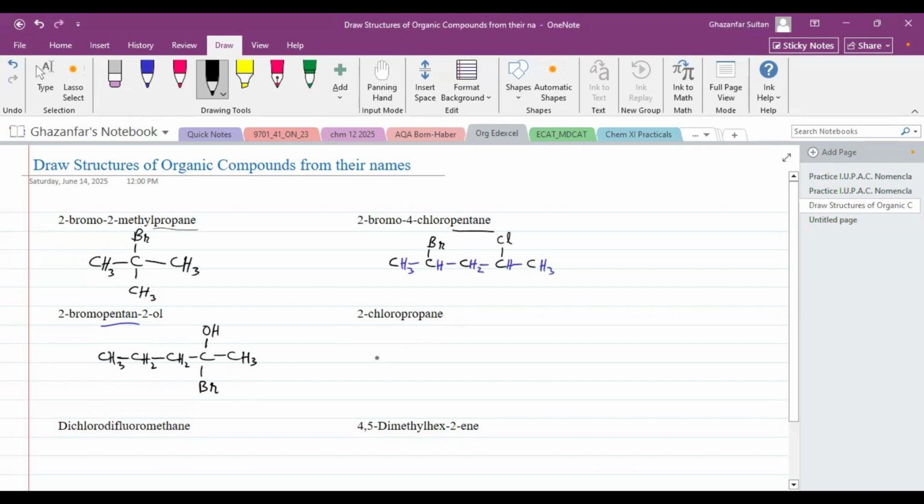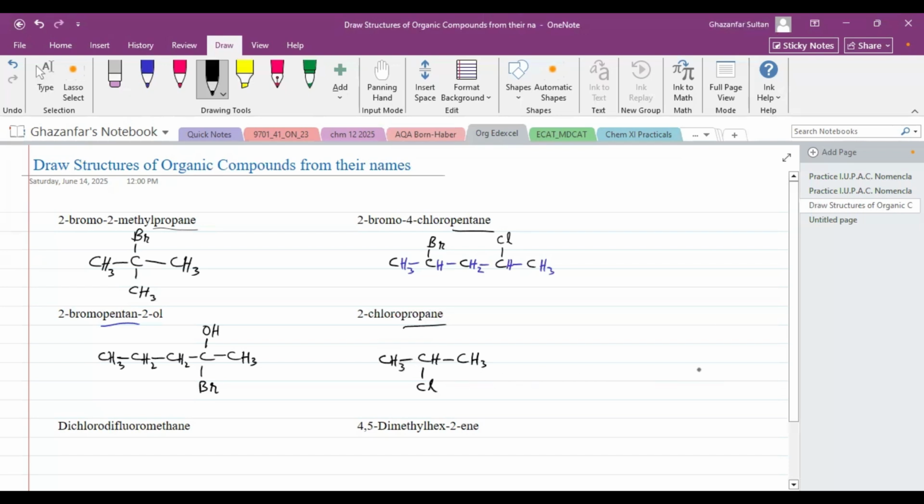Now the 2-chloropropane is very easy because this is propane 1, 2, 3. And 2-chloro. So chloro is on the second position. And now we satisfy their valency by adding hydrogen, and there are 3 hydrogen atoms.